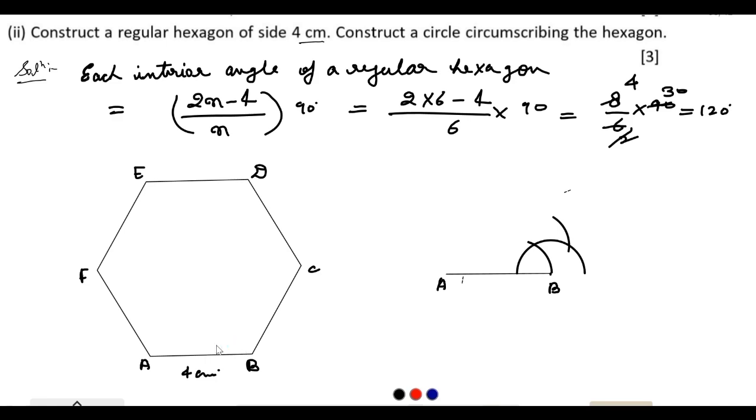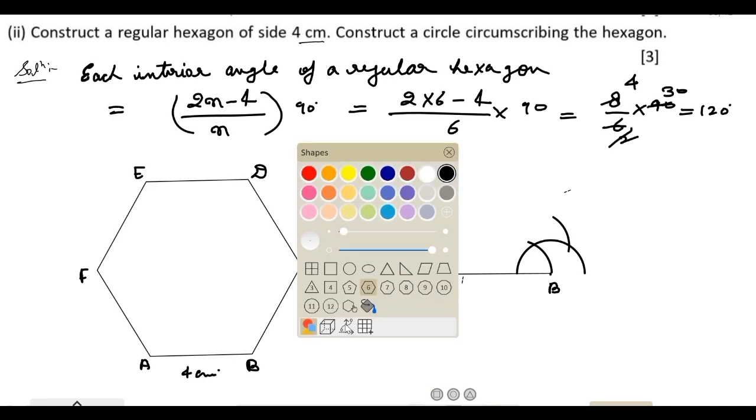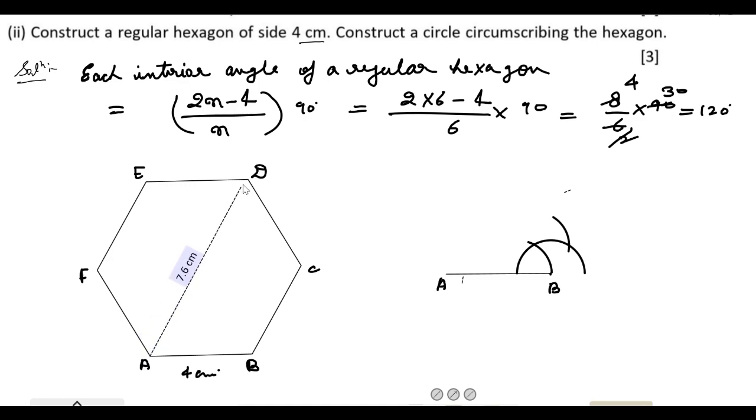Now we have to draw its circumcircle. For this, there are two ways. First, you can draw the bisectors of any two sides. And second, you can draw two diagonals of it. First we are drawing its diagonals, any two diagonals.